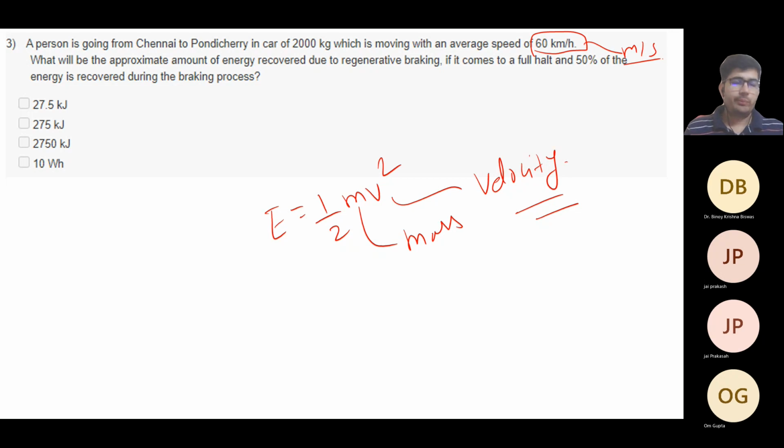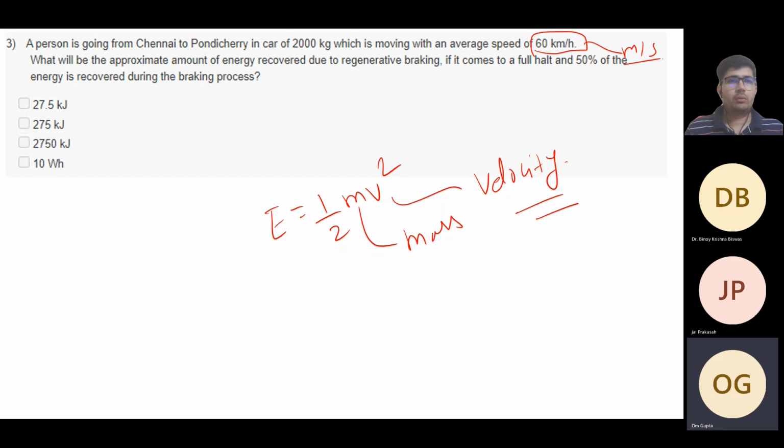I think I have given you so much hint. Try to solve it: 225 kilojoules, half, 50%.